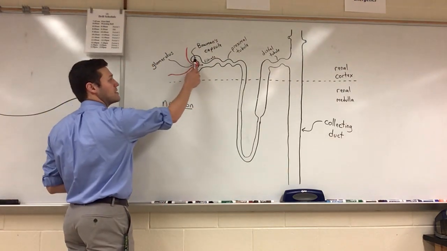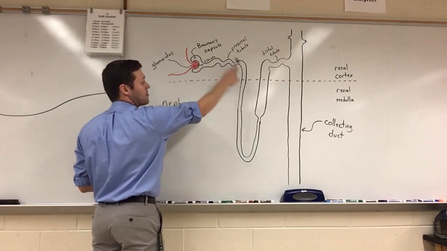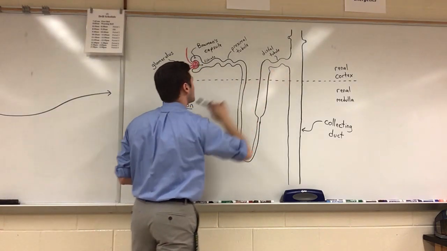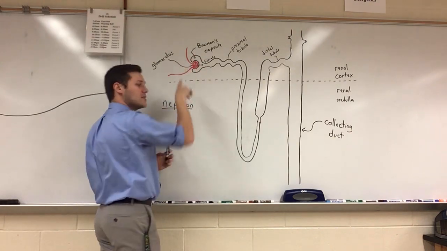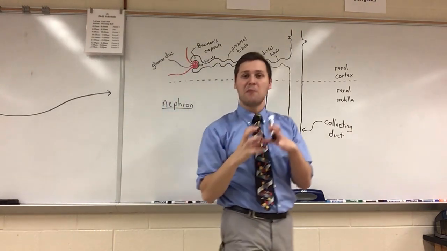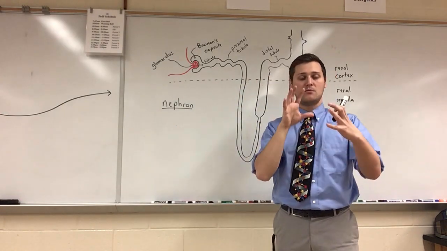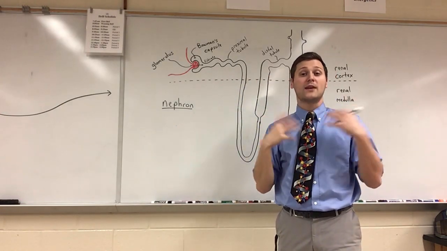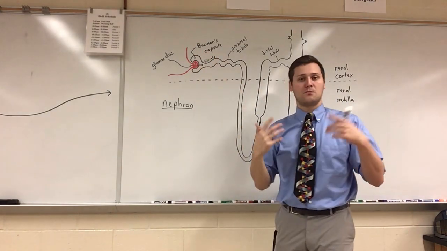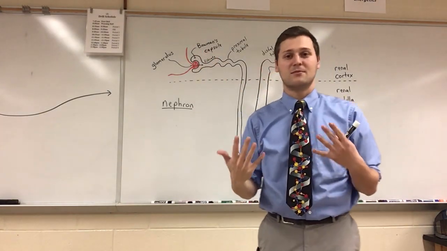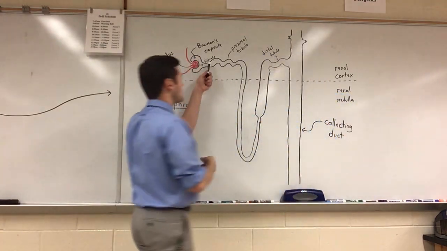This whole thing is a long tubule. Here is the Bowman's capsule, and here is a glomerulus. It's basically this bed of capillaries that you pull liquid out of. And so you're basically pulling out pure blood plasma, right here, and we call that a filtrate.